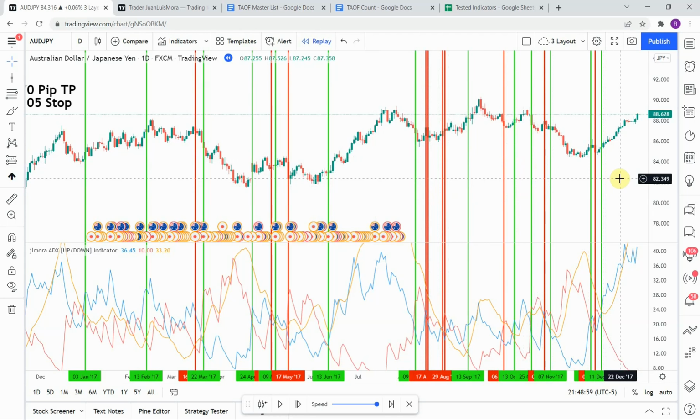So we have 23 trades all together, and we have 13 winning trades.